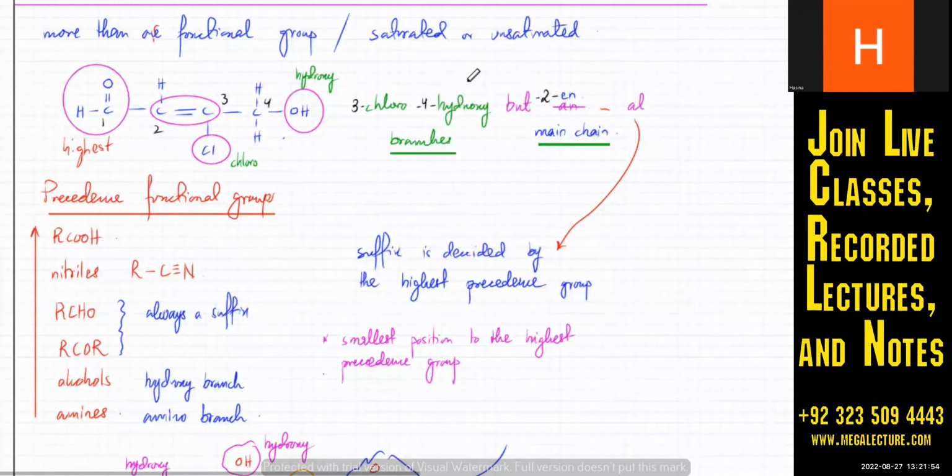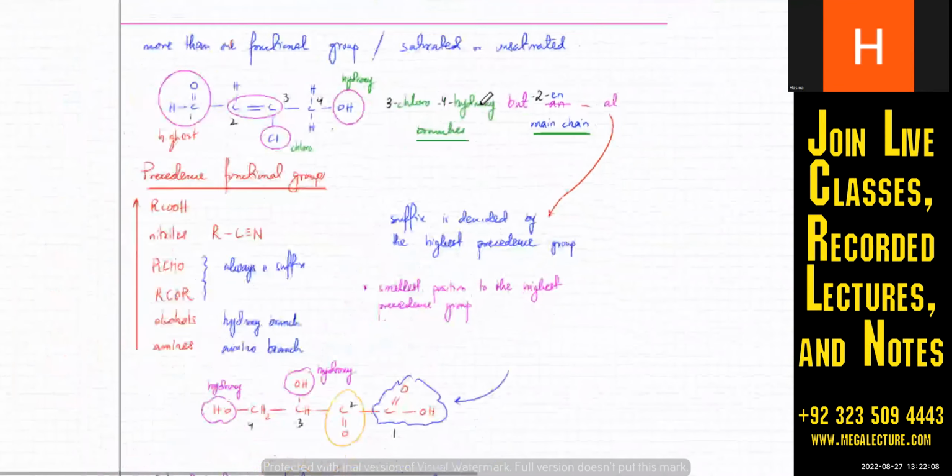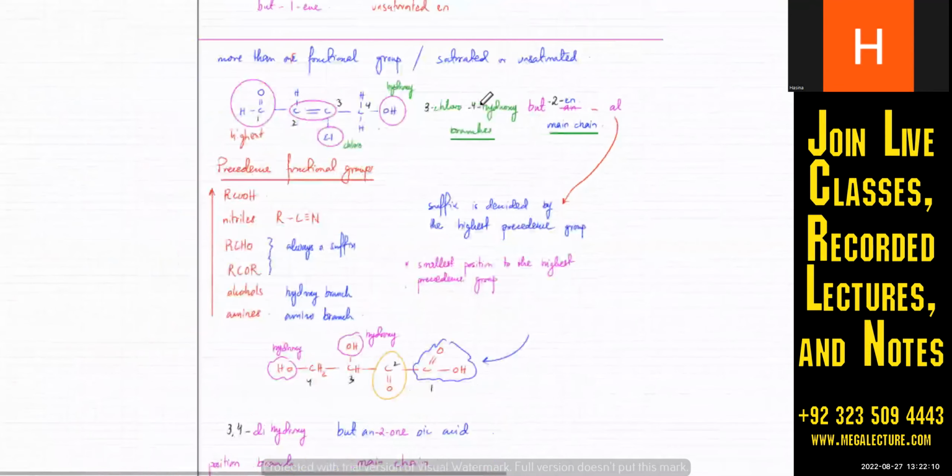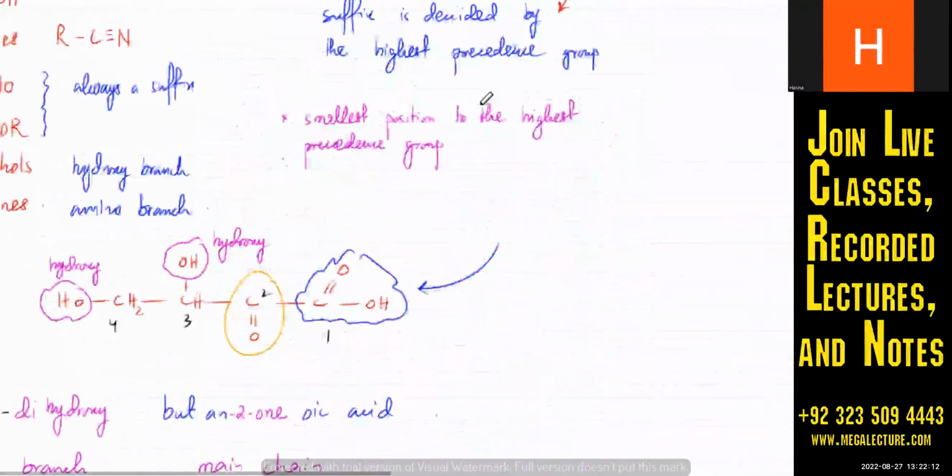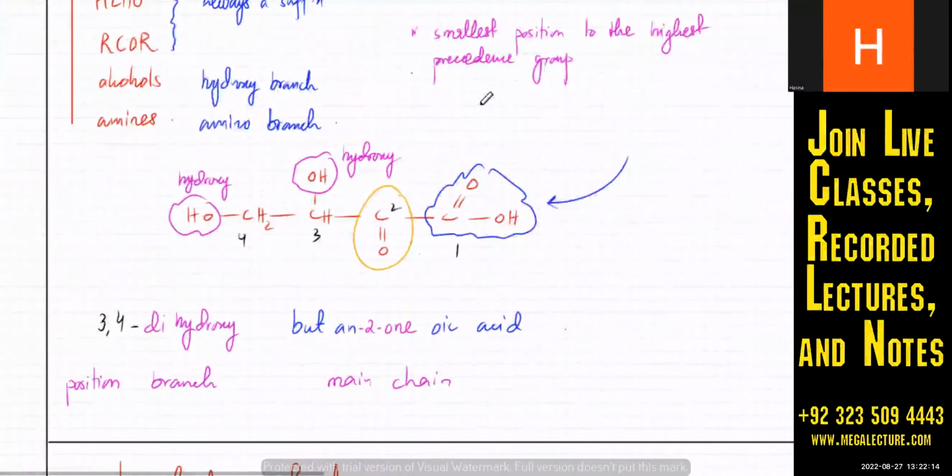So the branches are written in front. On the third carbon there's a chloro, and on the fourth there's a hydroxy. So that's how you name molecules. And we can try another one like this one.